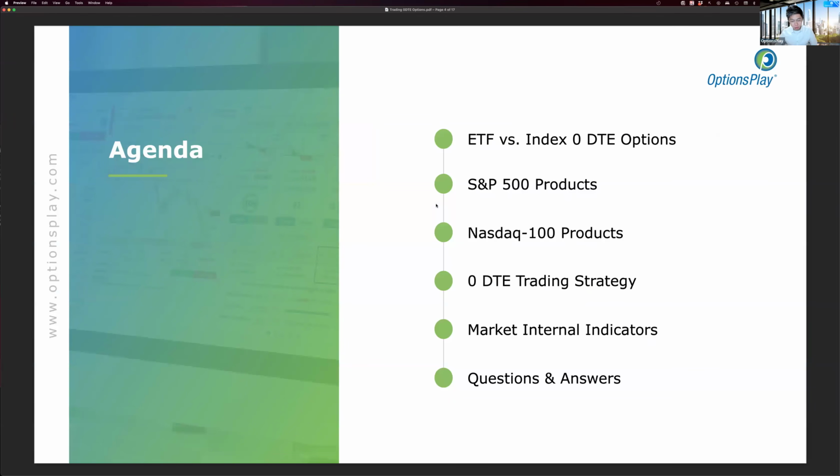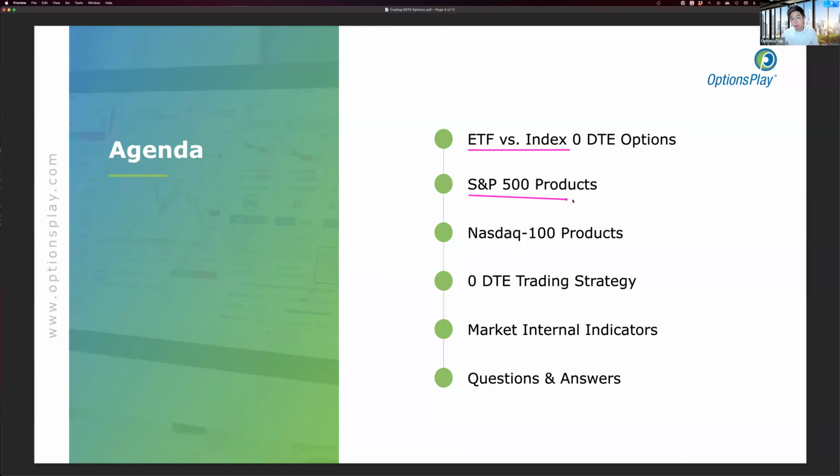What we're going to start off with today is looking at the difference between ETF versus index options, specifically for 0 days to expiration. We're going to talk about the differences between the products and what advantages and disadvantages each will have, to help you decide which is the right product for your portfolio.